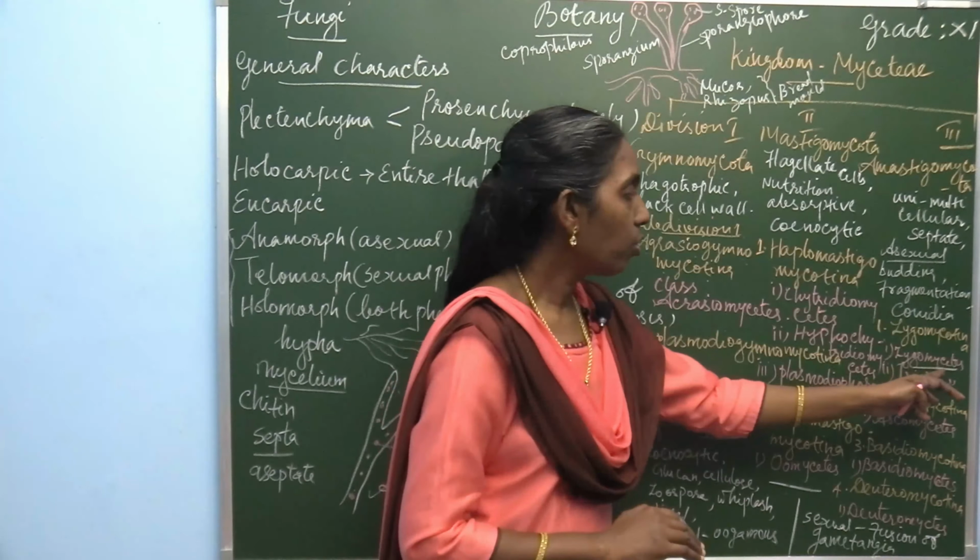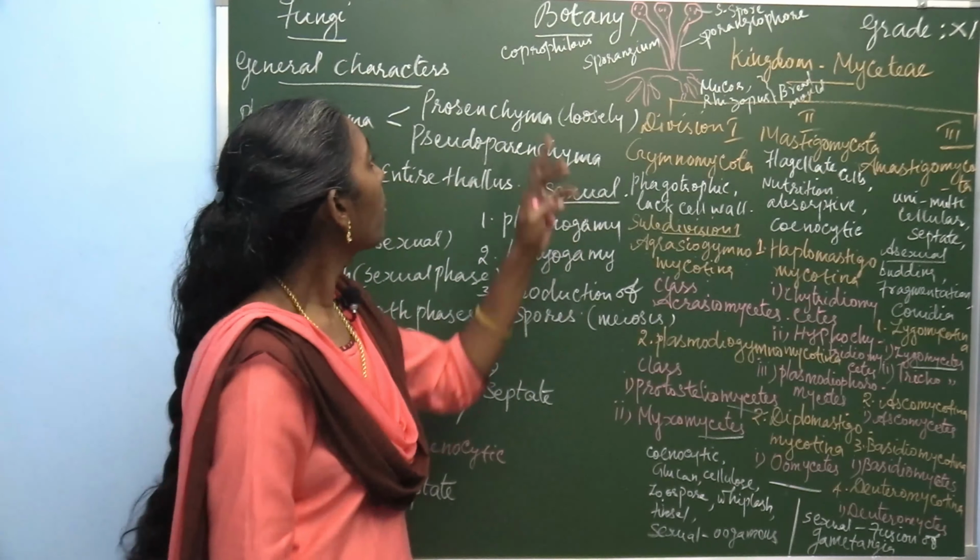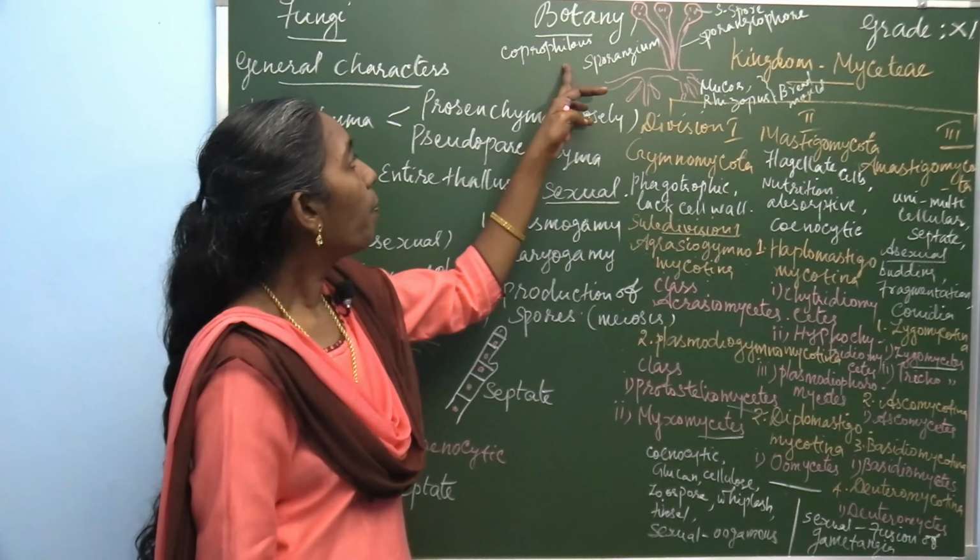Common bread molds, for example Mucor and Rhizopus, are saprophytic fungi. Certain species grow on dung, that is coprophilous. So they may live as saprophytic, parasitic or coprophilous, these three categories.